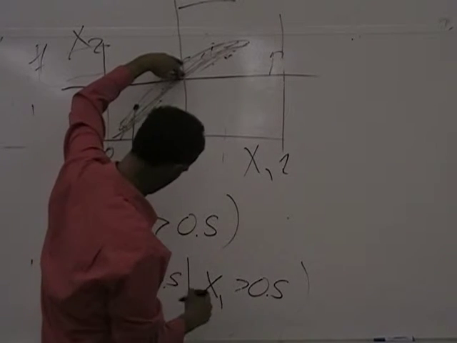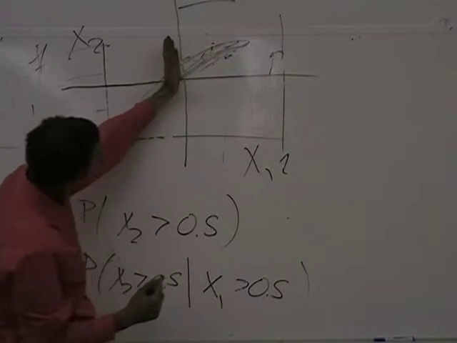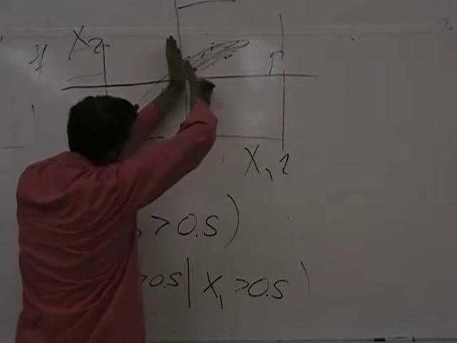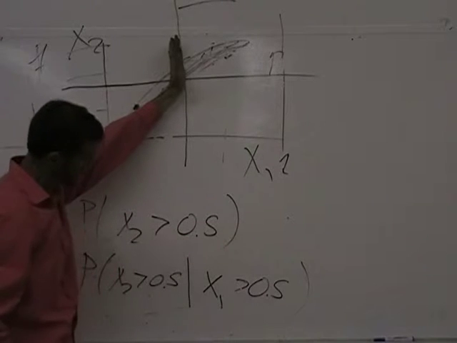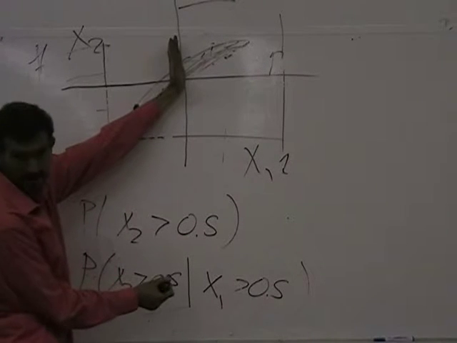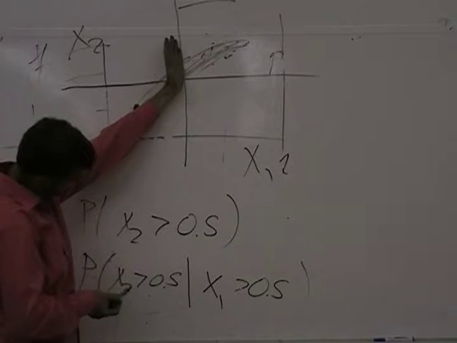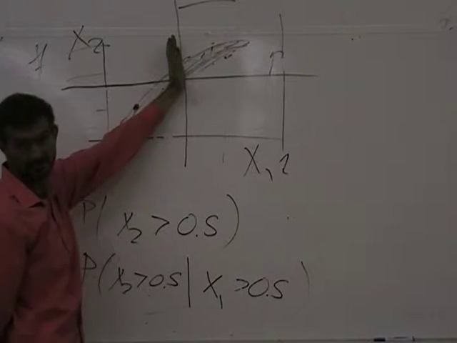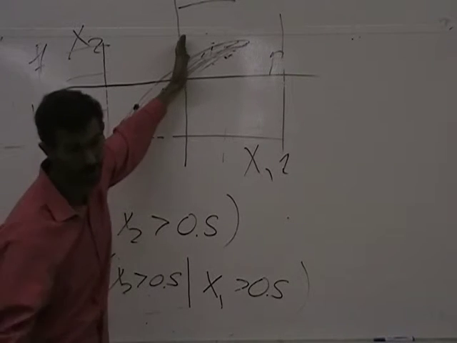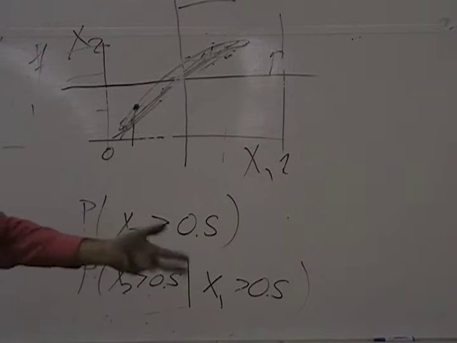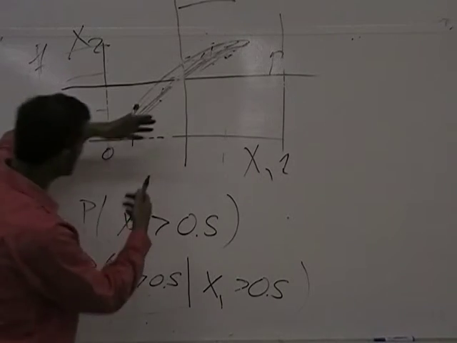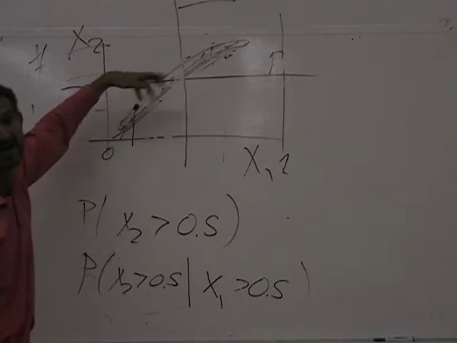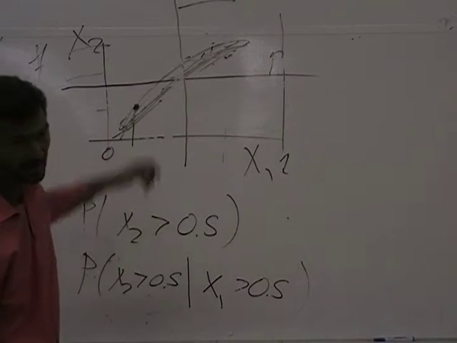In this space, 100% of the x2 values are above that line. That's a much more certain thing, because we used the fact that these are very dependent in probability.